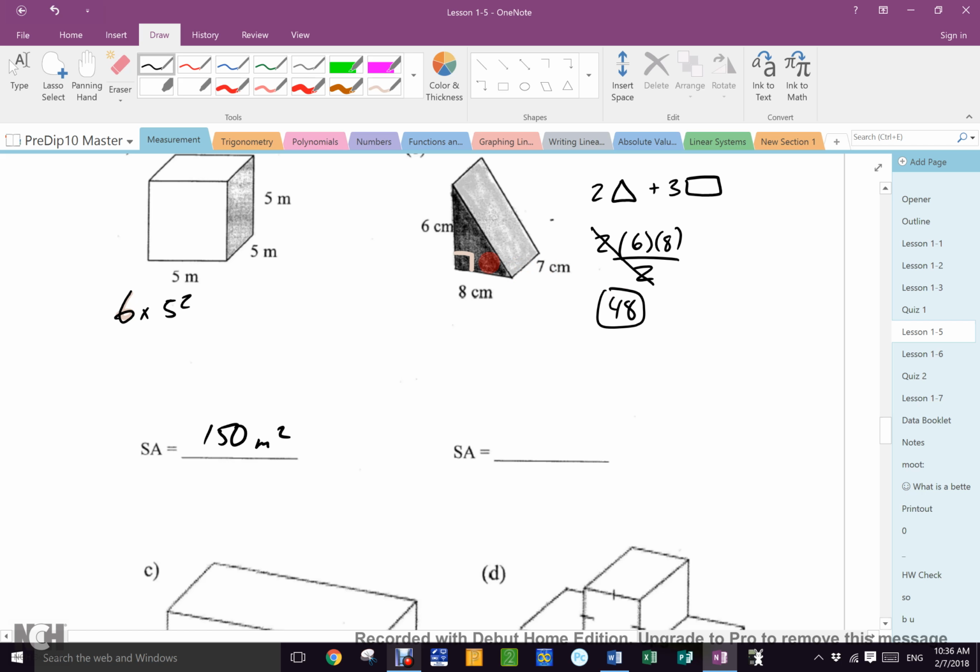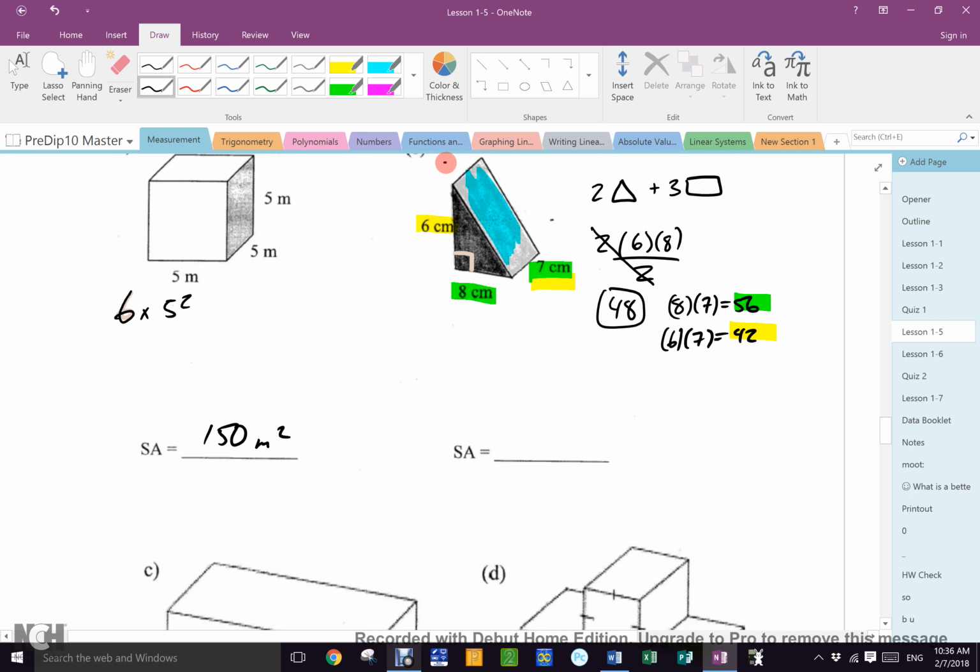Then, I bet you did one of the rectangles on the bottom, 8 by 7, and got 56. Right? Then I'm betting you went 6 by 7 to get the rectangle on the back, 42. Then you needed this rectangle here.